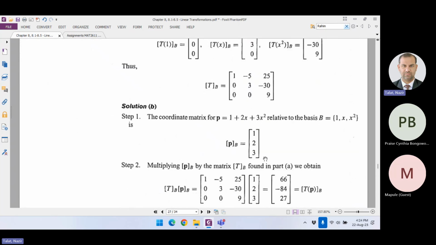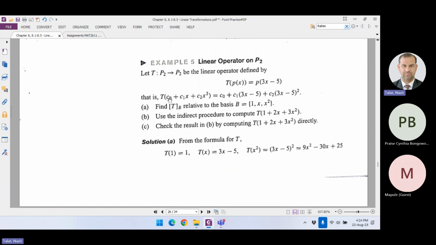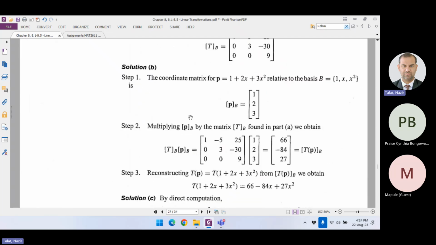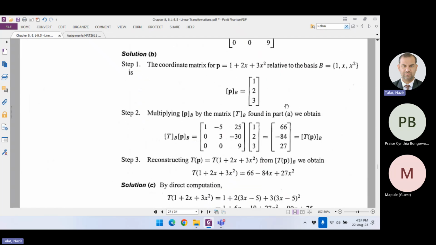So just take the value over there relative to the basis 1, x, x square. As we notice, the coefficients are 1, 2, 3. So we can just put 1, 2, and 3, the coefficients, over there, and then we will get a particular value from that.